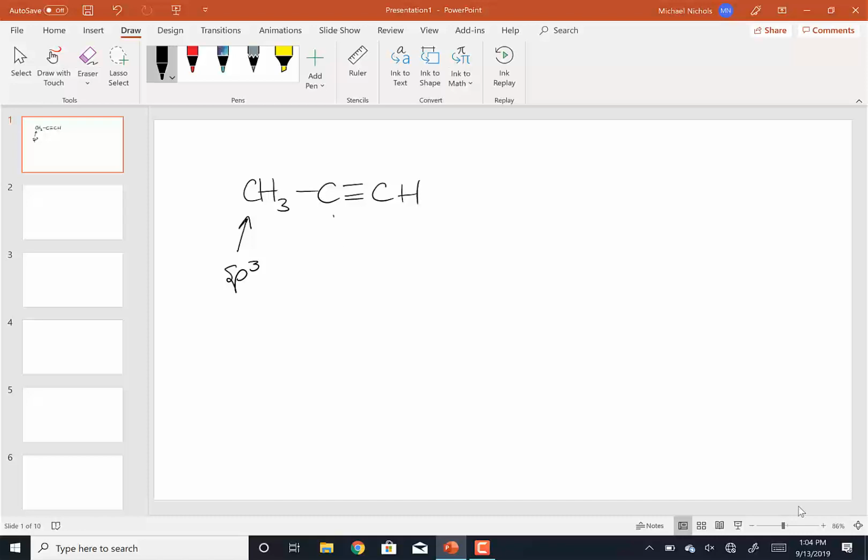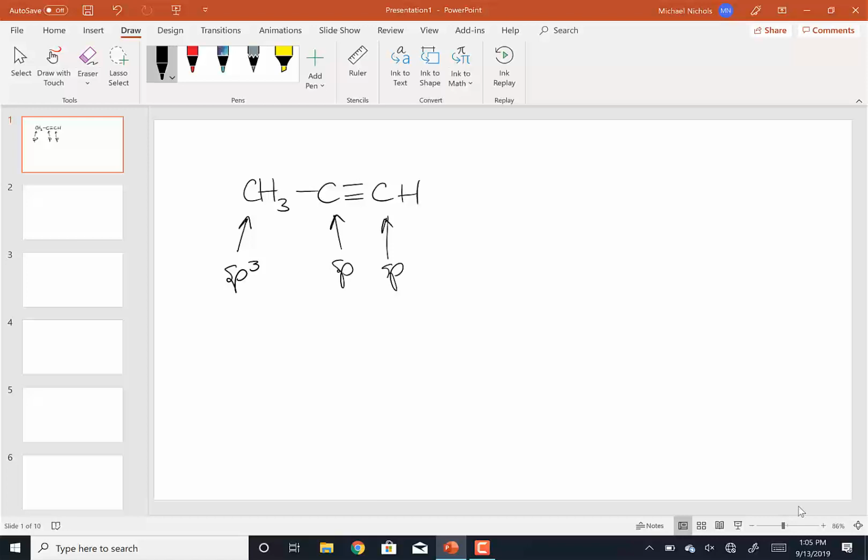What's the hybridization of this carbon? sp. And what's the hybridization of that carbon? sp as well. Okay, so that's the first step. We've got to determine what the hybridizations are.